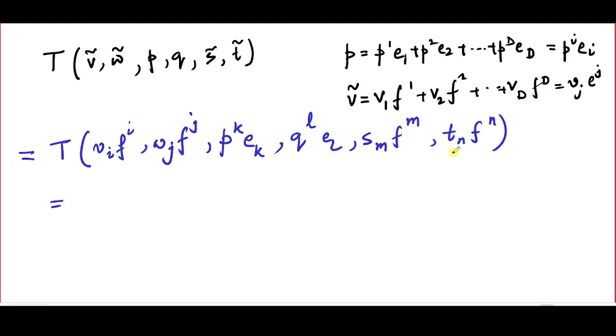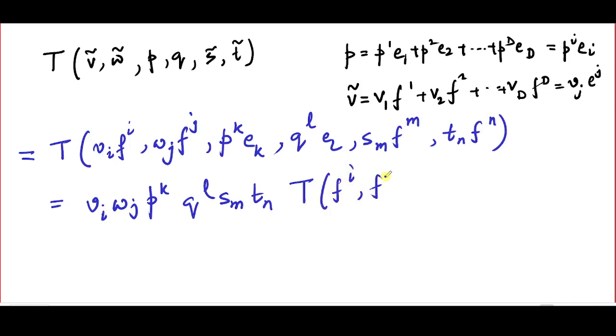And because of multilinearity, each of these coefficients can be pulled out from this T. And you can rewrite the whole thing as Vi, Wj, Pk, Ql, Sm, Tn. These are just numbers which have been pulled out. And what you are left with is T acting on Fi, Fj, Ek, El, Fm, Fn.